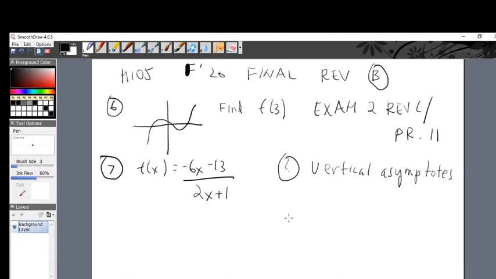Let's call that A. I don't know if they call it A or not, but let's call that A. And B, let's call what they want B, is the horizontal asymptotes. Okay, so how do you do that? This you haven't seen before.